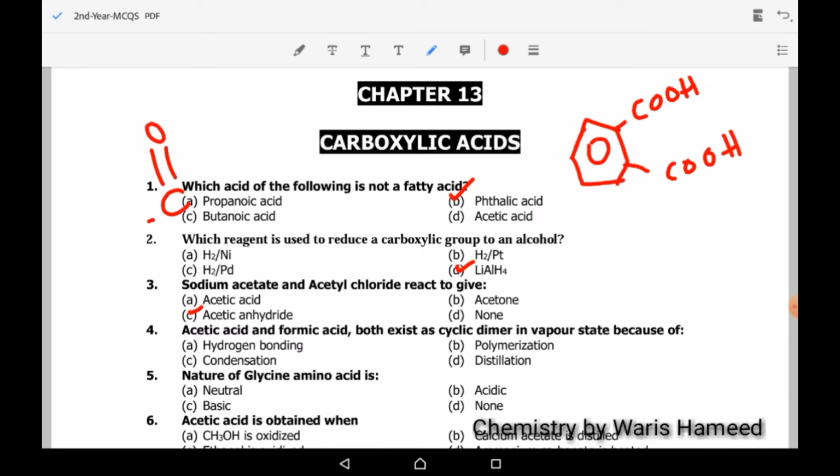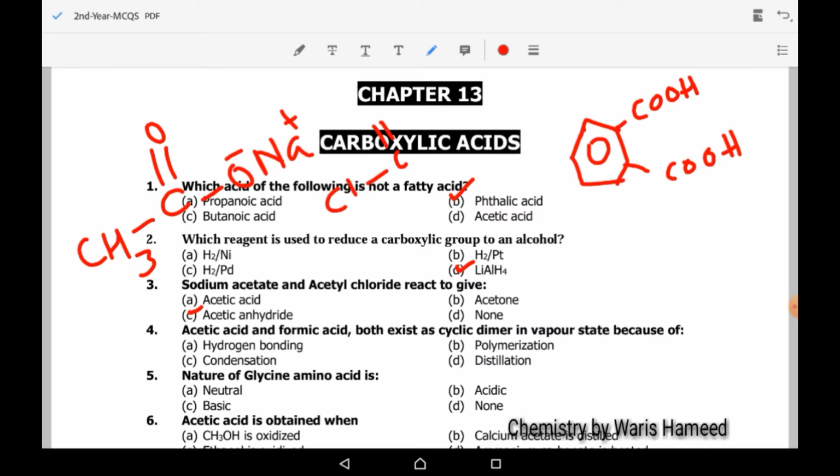Sodium acetate is CH3COO- Na+, and we react sodium acetate with acetyl chloride. From this you can see that there is a formation of NaCl and one acetic anhydride.